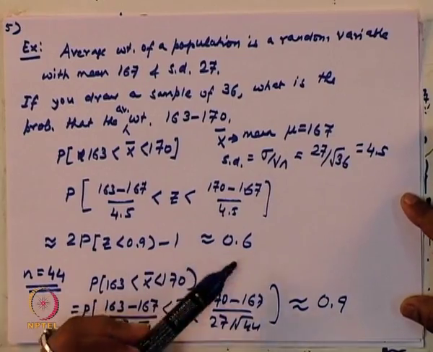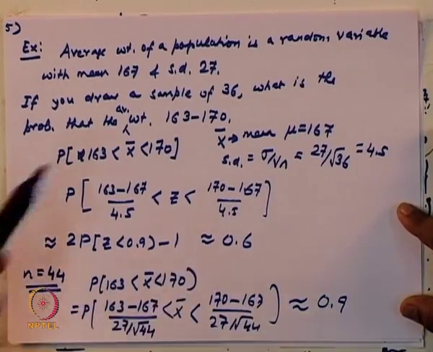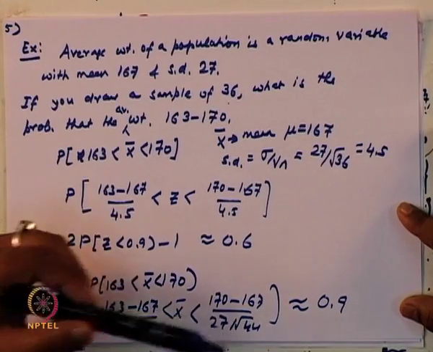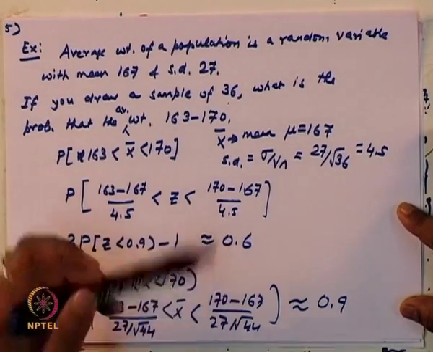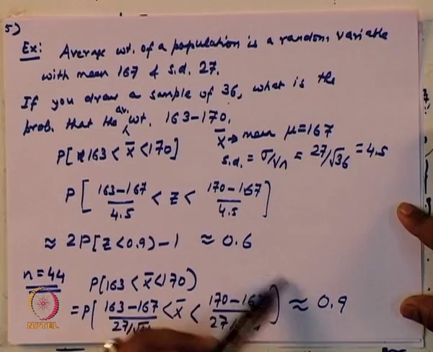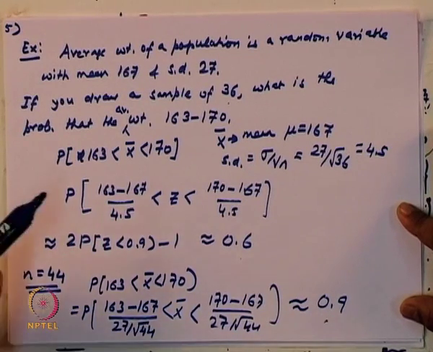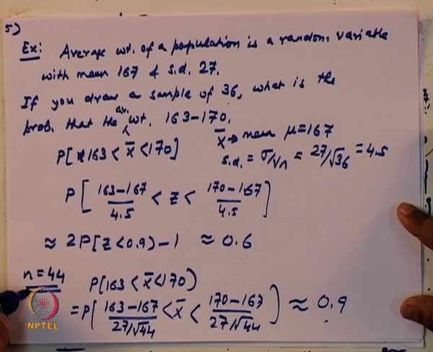So, what you see is by increasing the sample size merely from 36 to 44, your probability of this estimation increases drastically. From 60% you go as high as 90% even for a small increase in sample size.